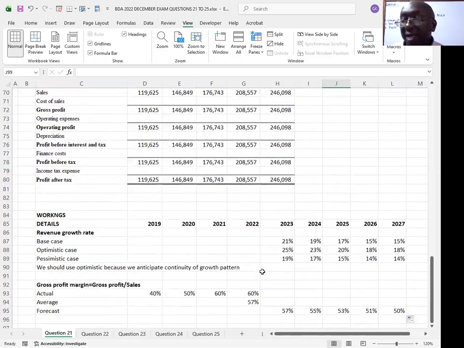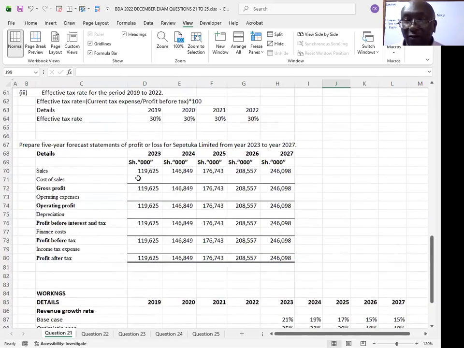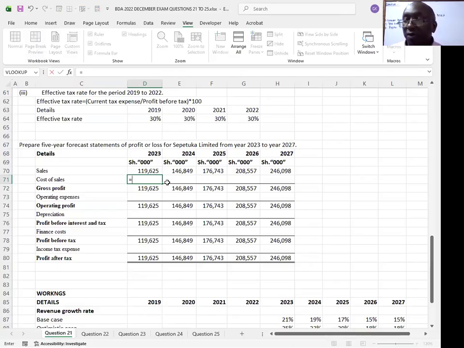hapo, let's come here and fill in the cost of sales here. Now, cost of sales should be equal to this one, the sales, times, open the brackets, 1 minus the gross profit ratio.